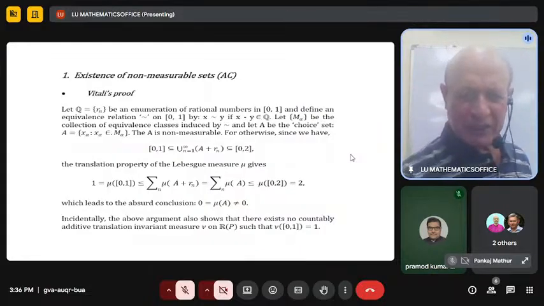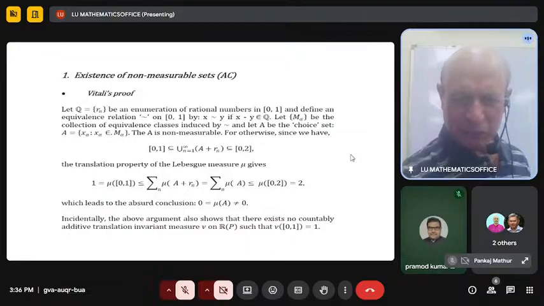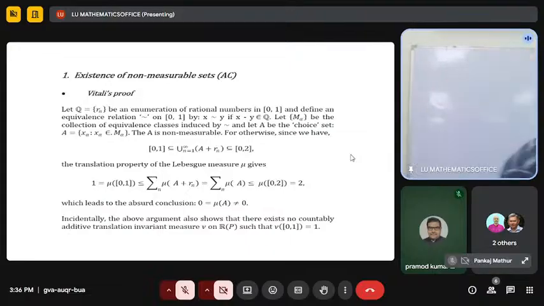Well, this is Vitali's proof and too simple to repeat here. We take the reals in the unit interval, then define an equivalence relation between two numbers if their difference is rational, and then we have partition sets, this one, M alpha.